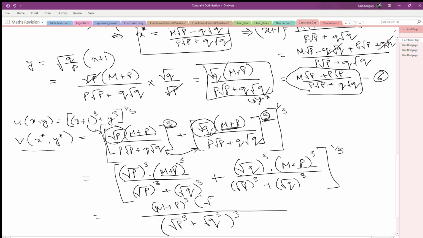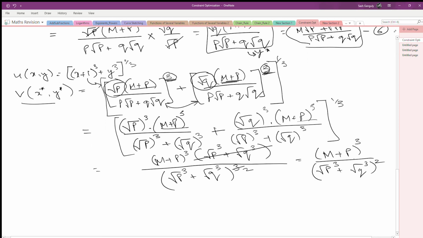And then I'll be left with root p cube plus root q cube. Clearly, this root p cube plus root q cube would cancel this 3 out and it will become 2. So eventually I have m plus p whole cube upon root p cube plus root q cube to the power 2. This is my v, okay?